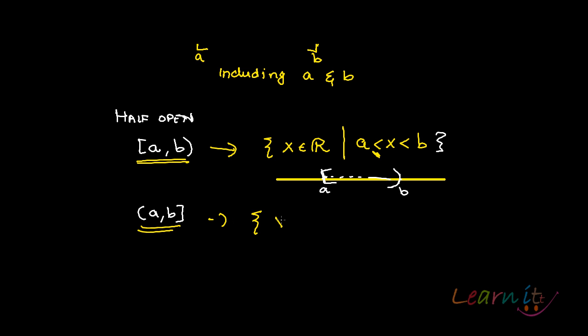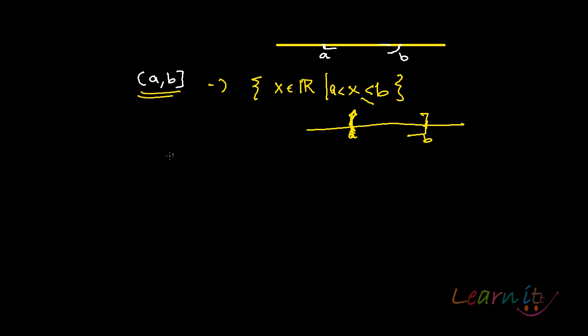Here you include all the x's between A and B, where x can be equal to B but not A. So we are including everything from A to B, open at A and closed at B. So these can be two half open intervals, half closed, half open.